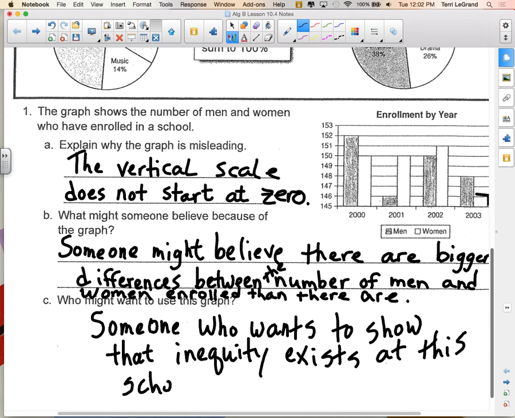Someone who wants to show that inequity exists at this school.